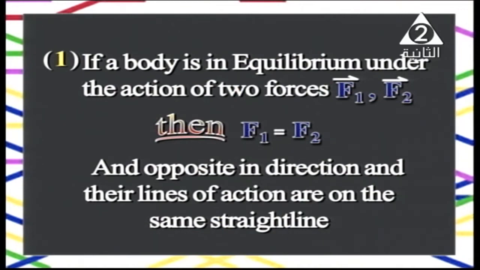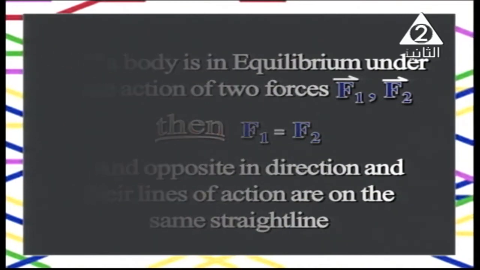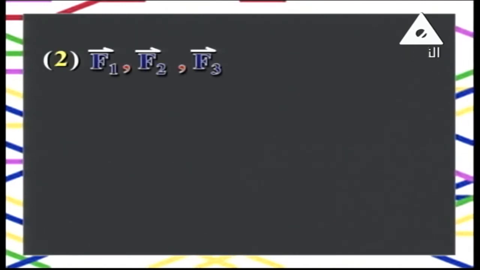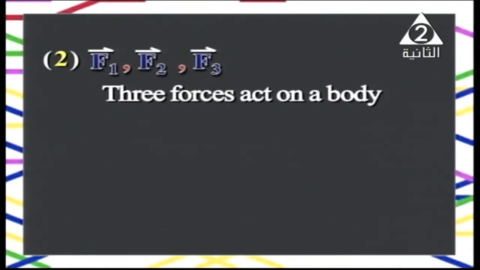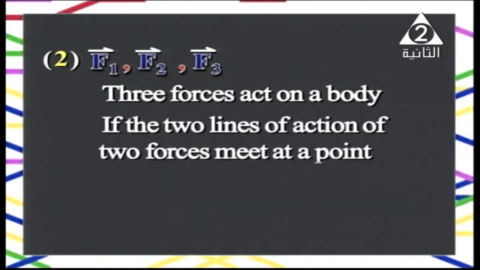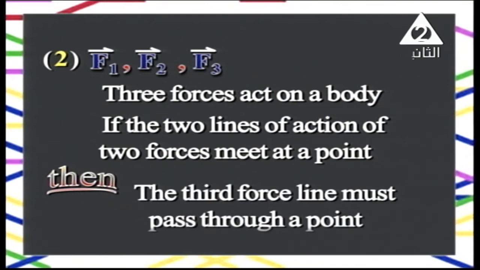My dear student, if we have three forces F1, F2 and F3 acting on a body, and the lines of action of two forces meet at a point, what do you deduce? Yes, the third force's line must pass through this point.